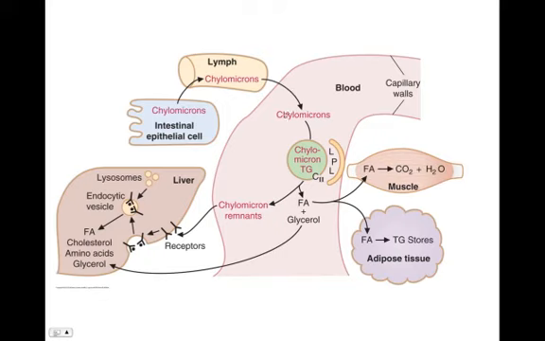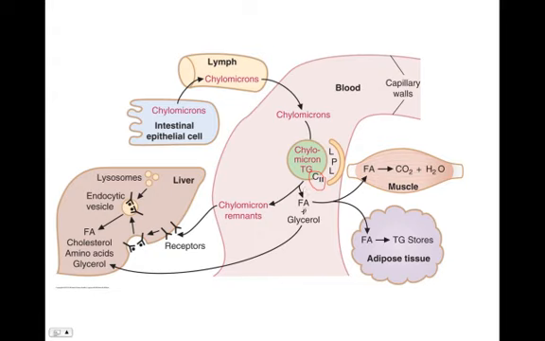Once in the bloodstream, they acquire both ApoC2 and ApoE on the chylomicron. ApoC2 is required for interaction with the protein lipoprotein lipase. Lipoprotein lipase hydrolyzes the triglycerides into free fatty acids and glycerol.